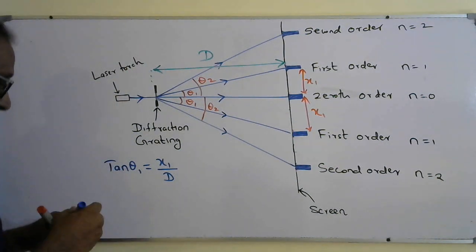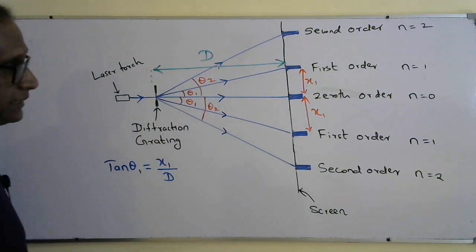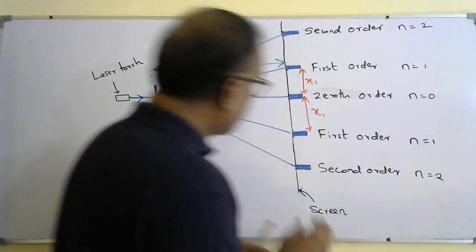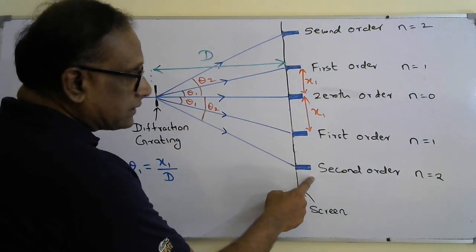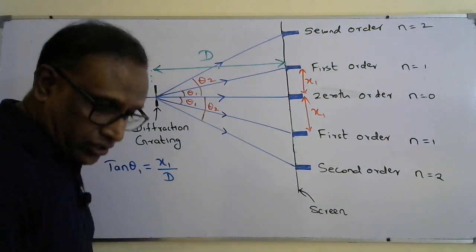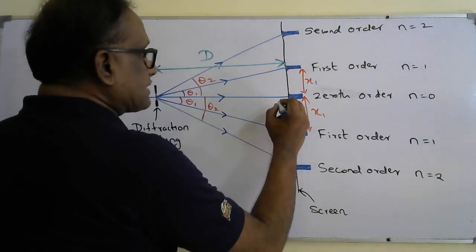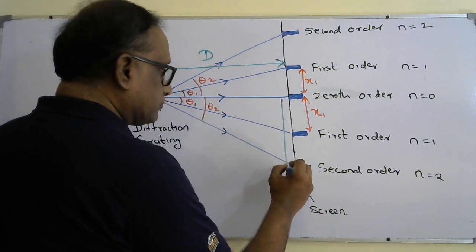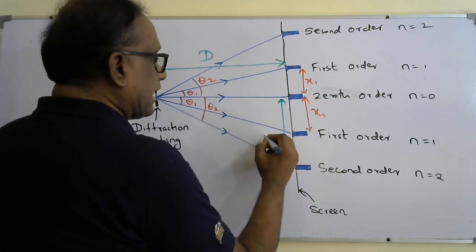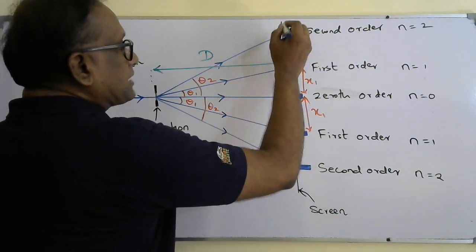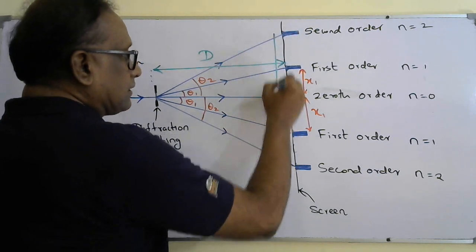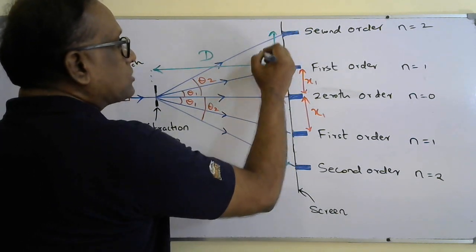Same way, the angle theta 2, how can I measure? If I know the distance of the second order bright band from the 0th order as x2, here also it will be x2 in this direction. They are same, both x2 must be same.